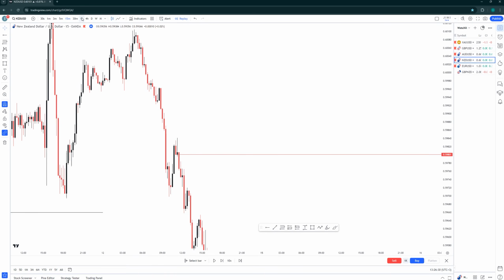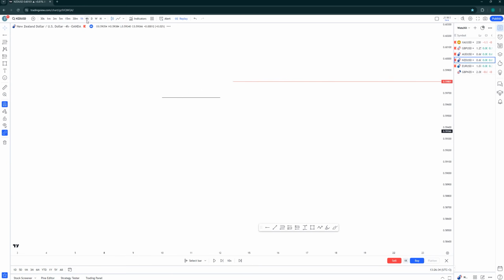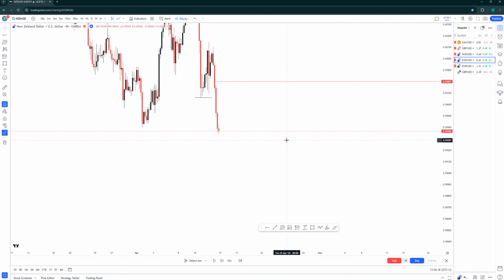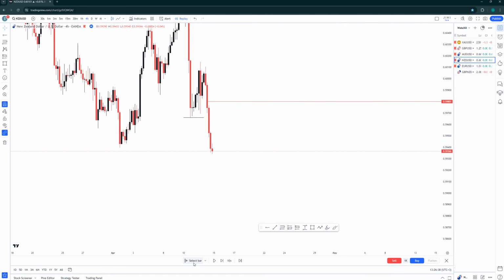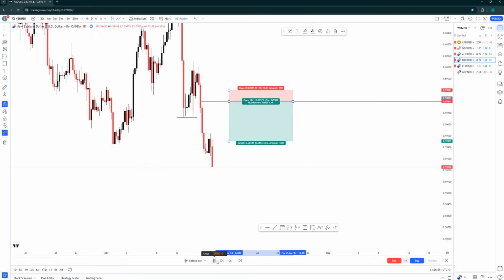Let's see how the stop loss was. Let's put 10 pips. It's enough because this is the NZDUSD.